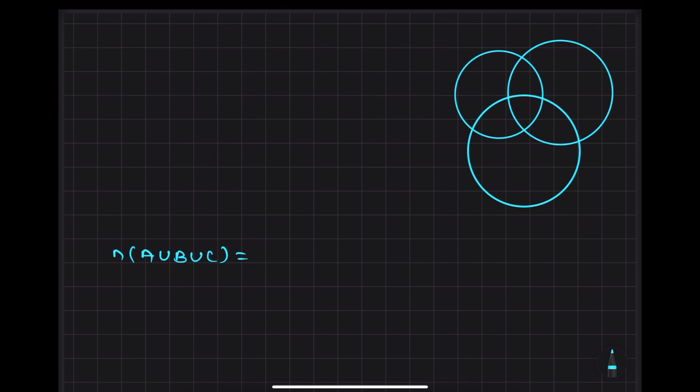Now suppose that I wrote n of A plus n of B plus n of C. Do you think this is the correct explanation? Hopefully not, because look at this.